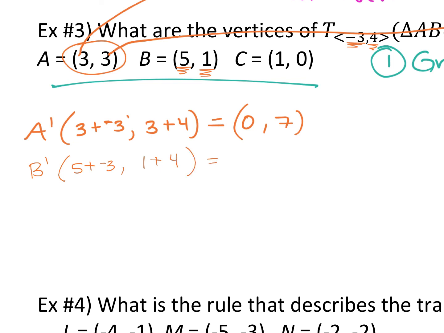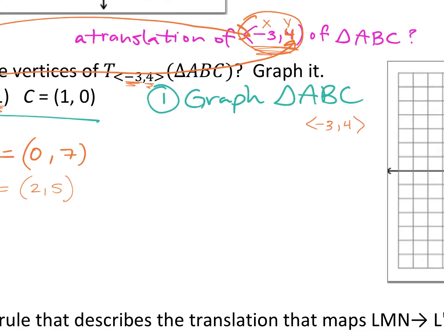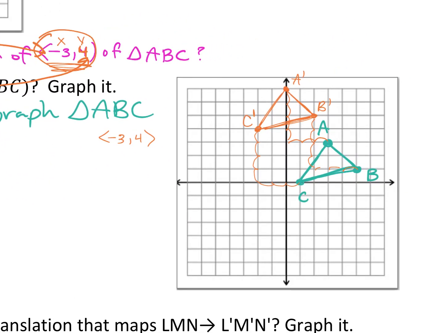So your B prime should be at the point 2, 5. Well, if you look over here, my B prime is at 2, 1, 2, 3, 4, 5. So you can get there either way. I just think it's quicker and easier to just take this and graph it. Just shift it where it needs to go.